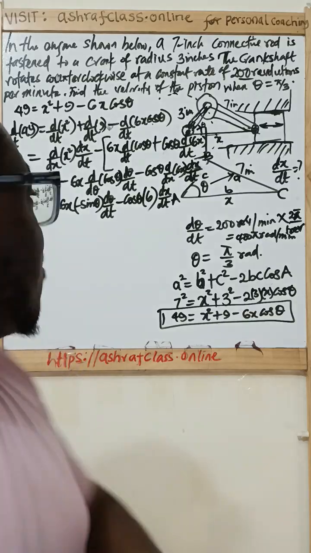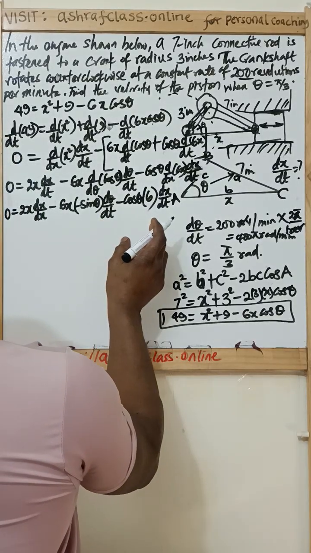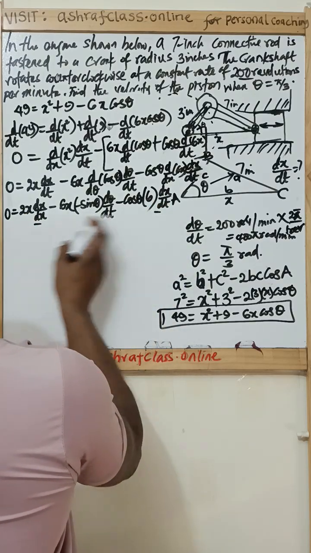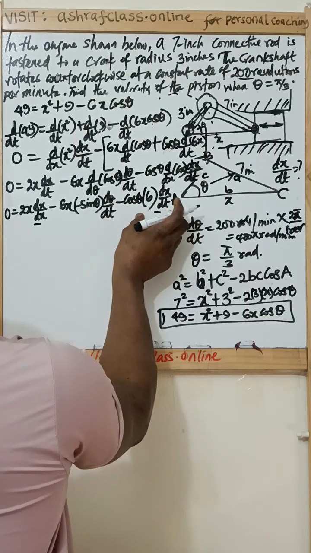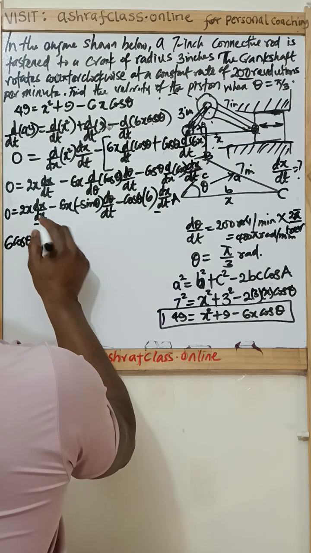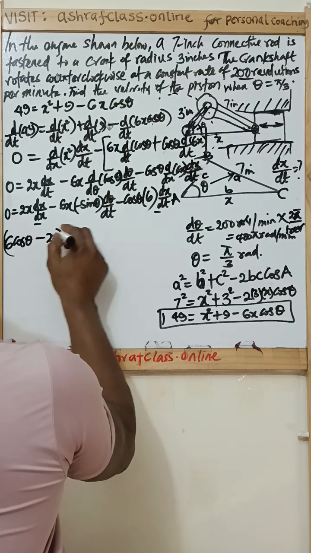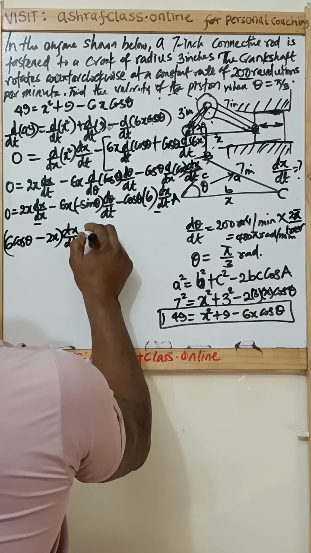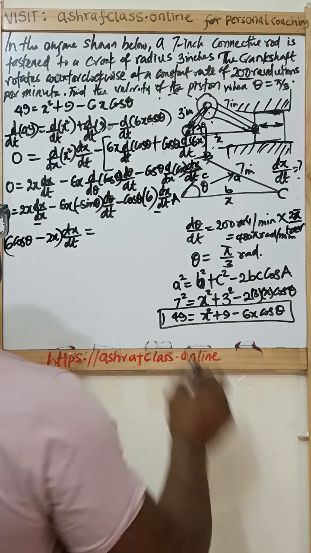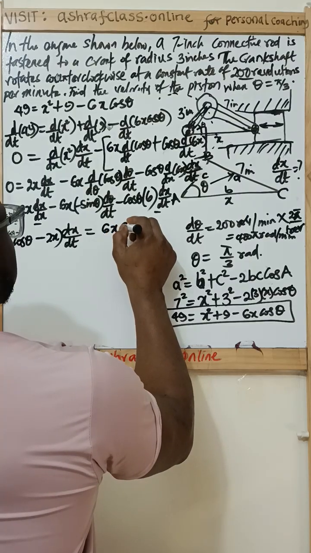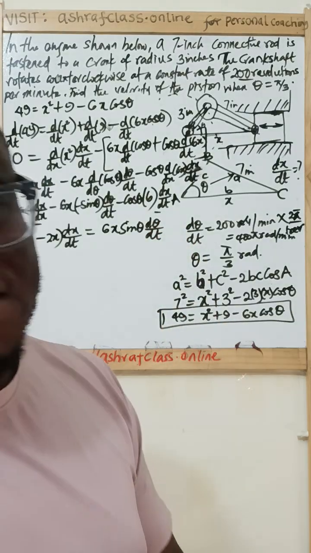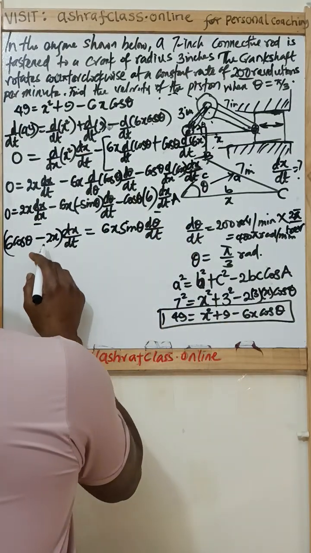Now we bring the terms having dx/dt together and take them to the other side of the equation. That gives 6 cos theta minus 2x, times dx/dt, and what is left is minus times minus, which is plus, so 6x sine theta dθ/dt.